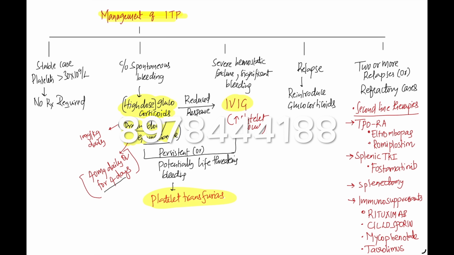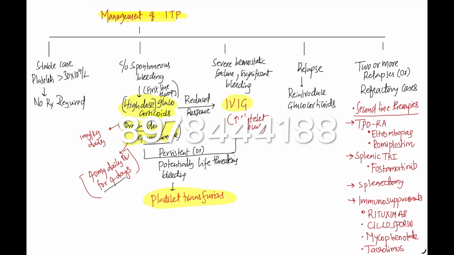Glucocorticoids at higher dosages cause quicker immunosuppression so that the bleeding can be controlled. This is the first line therapy: high dose glucocorticoids in management of immune thrombocytopenic purpura.